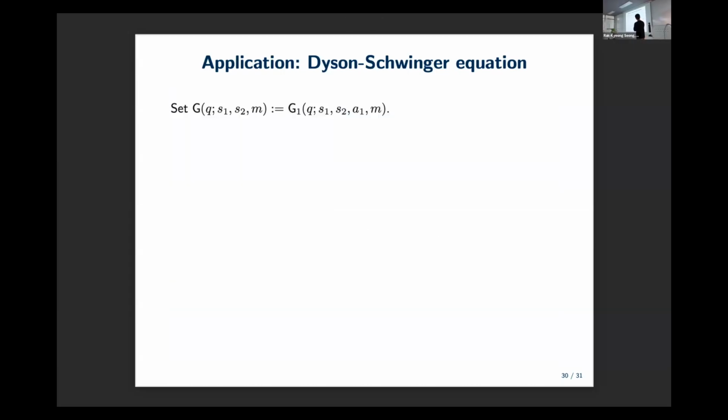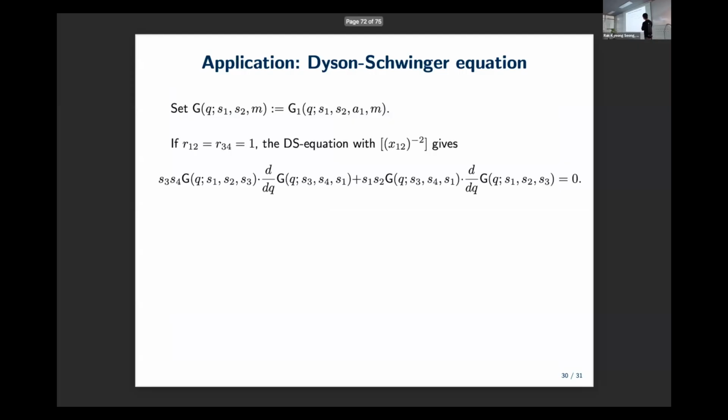So here is a very explicit example in the rank 1 case. Let's denote the rank 1 partition function simply by G of Q, S1, S2, M. The reason I omitted A1 is that it's independent of the framing parameter in the rank 1 case.